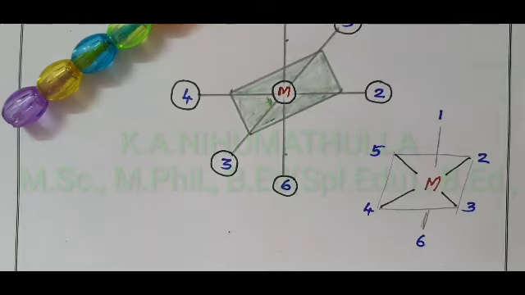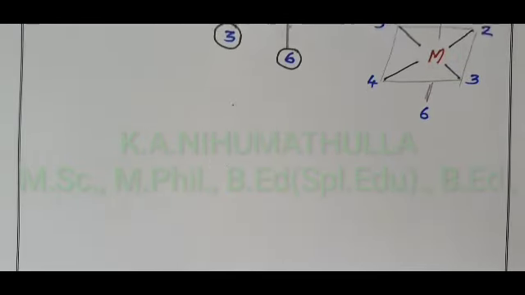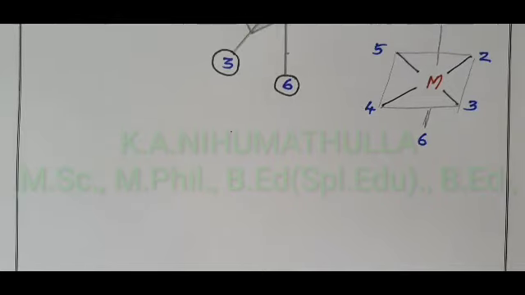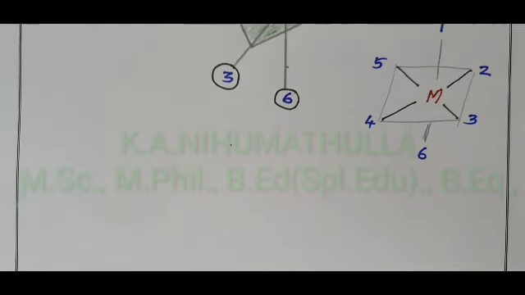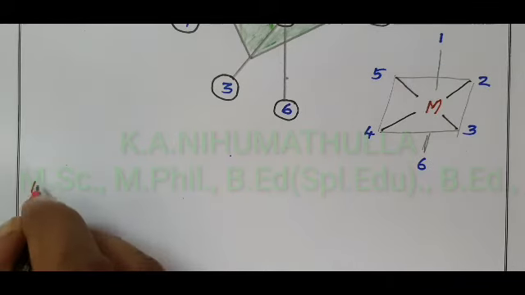In octahedral complexes, there are 12 cis positions and 3 trans positions.